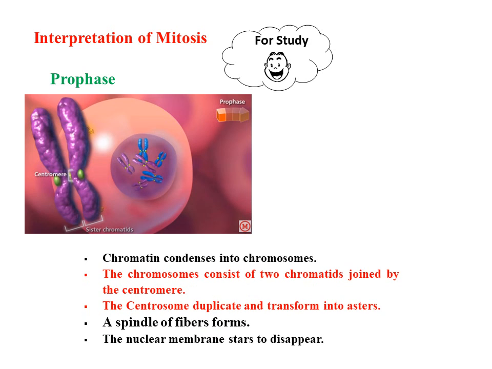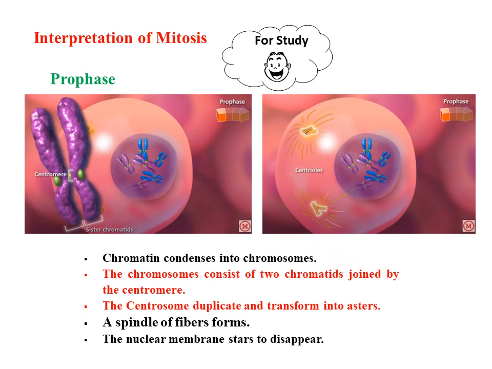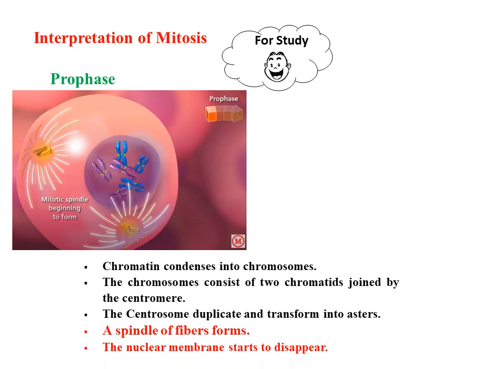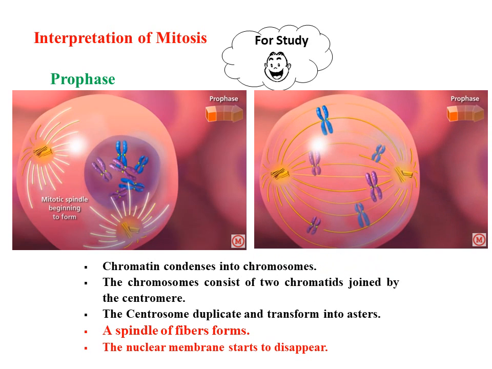In animal cells, centrioles play an important role in the distribution of the chromosomes in the dividing cell. The centrosome duplicates and transforms into asters. The mitotic spindle begins to form, and the nuclear membrane starts to disappear.